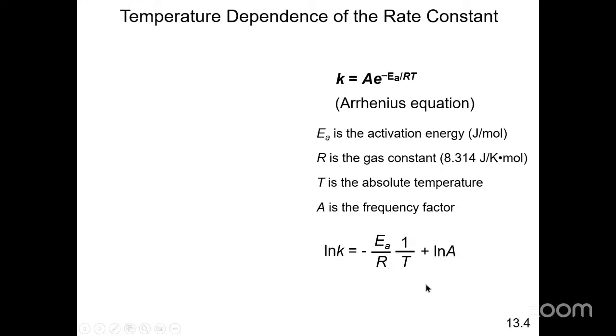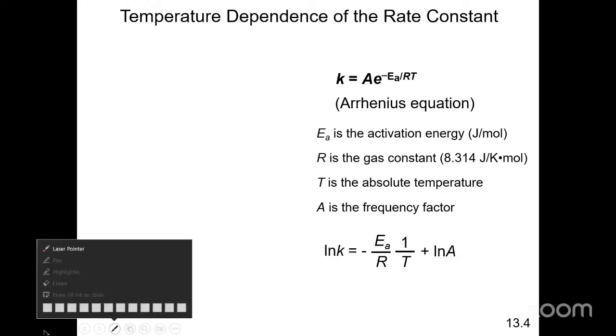If you inspect this equation carefully, you'll see it is the equation of a straight line, where ln k represents the y values, 1/T represents the x values, -EA/R represents the slope, and ln A represents the y-intercept.